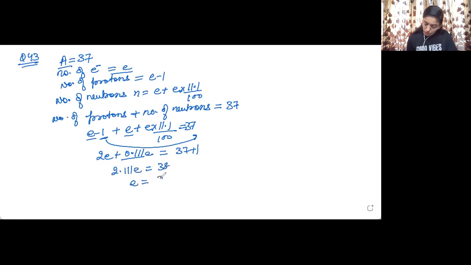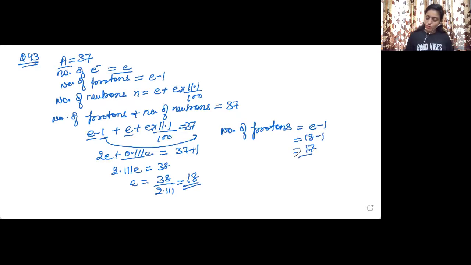So E will be equal to 38 upon 2.111, which is 18. So the number of electrons is coming out to be 18. So the number of protons will be E minus 1, 18 minus 1, 17. So the number of protons is 17 and the number of electrons is 18.